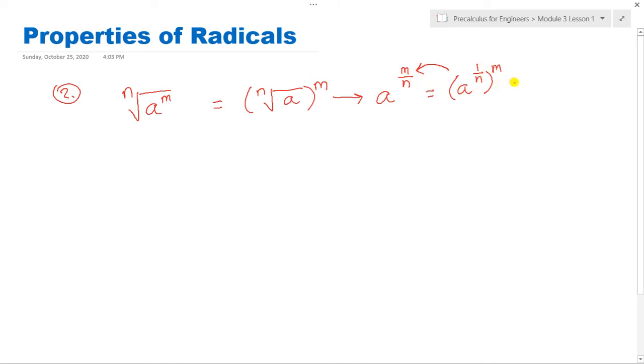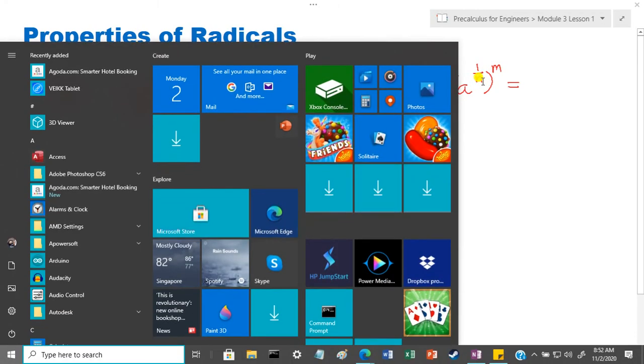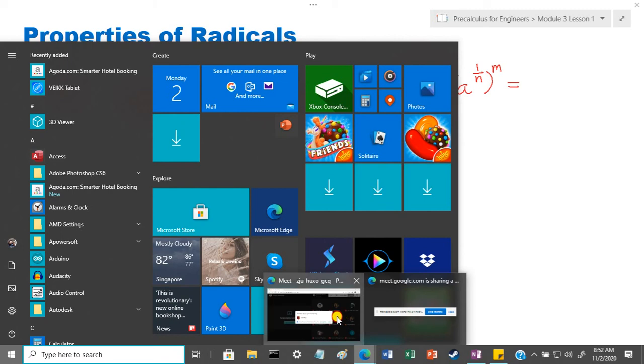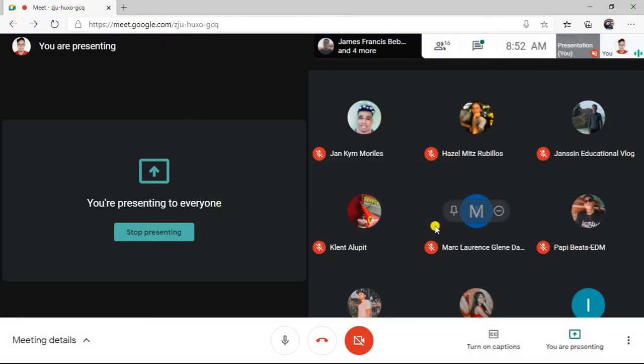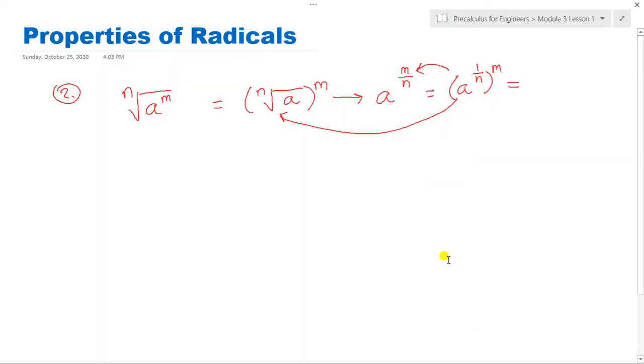Then if we convert it back to radical form, so note that a raised to 1 over n is just simply equal to the nth root of a. Kasi yung numerator natin is equal to 1. So therefore, 1 na lang yung exponent ng ating number inside radical sign. So ganyan pag-verify ng rule number 2.